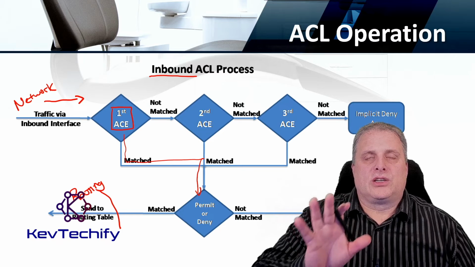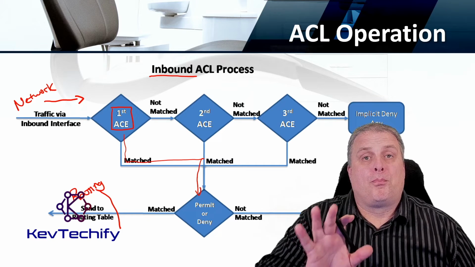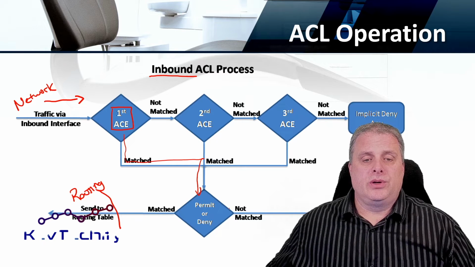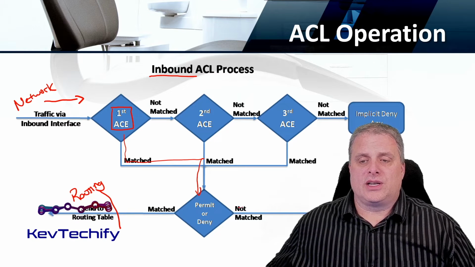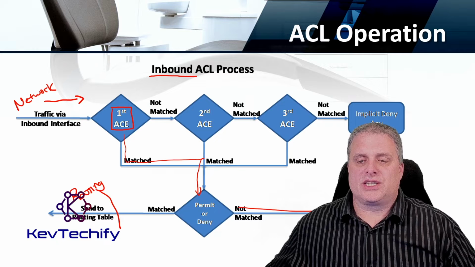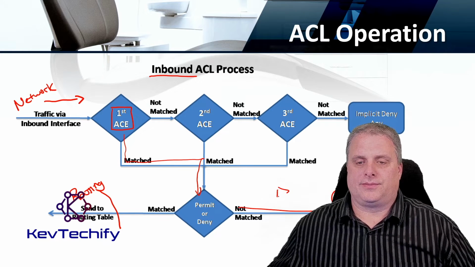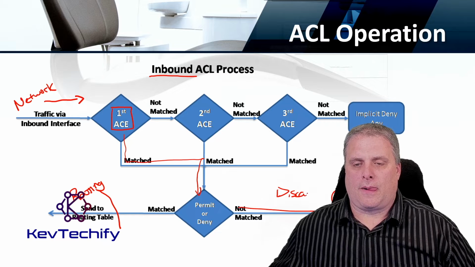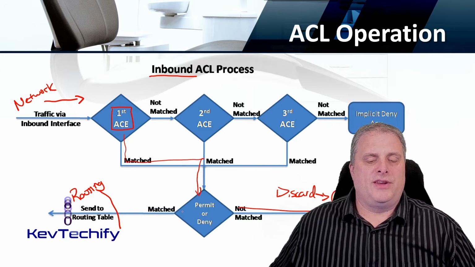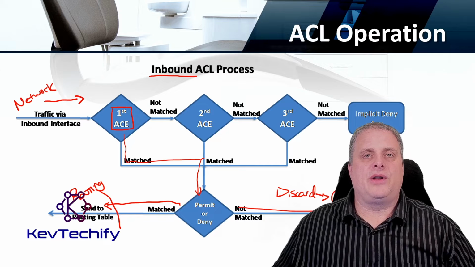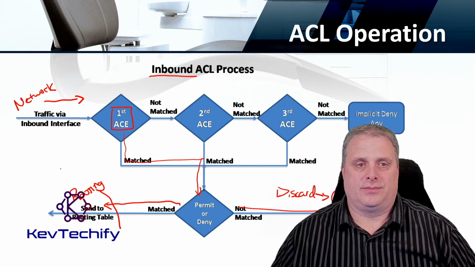If that access control entry says deny, if it's a deny statement, we're going to deny it and discard it. But if it matches and it's permitted, we're going to send it into our router and to the routing table so then it can be processed.